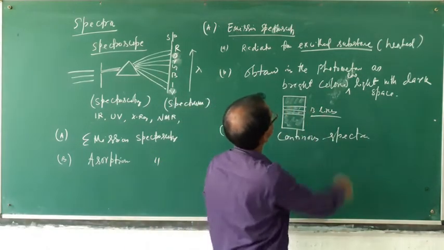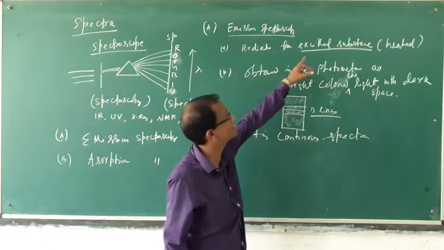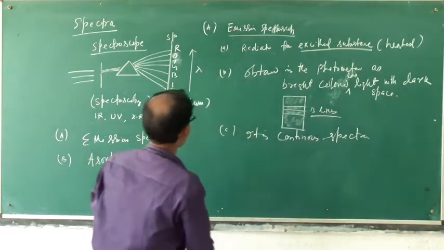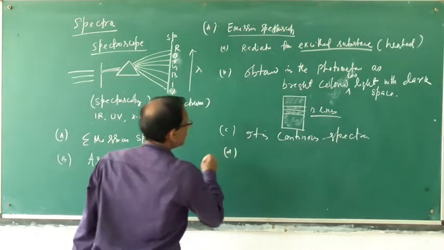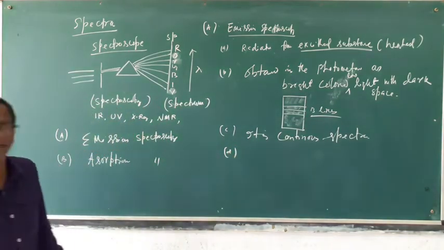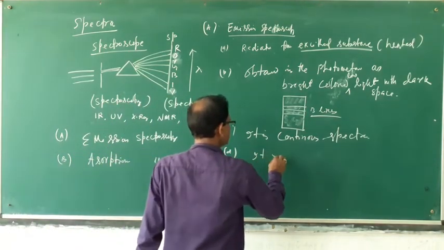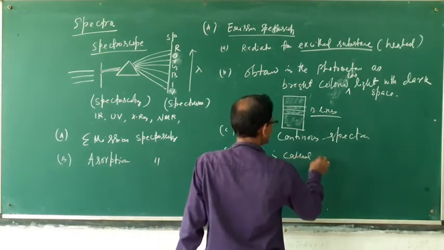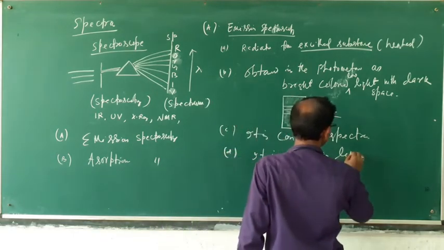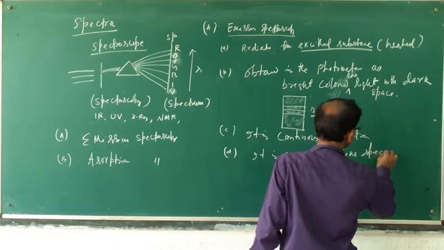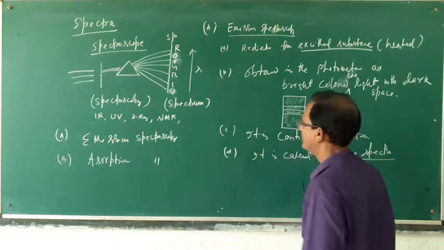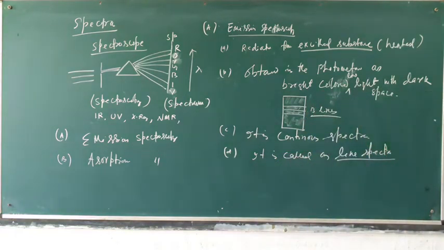It is produced from an excited substance, and this is also called line spectra. This emission spectra is called line spectra, or atomic spectra.